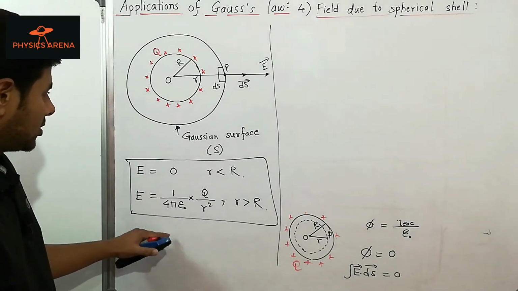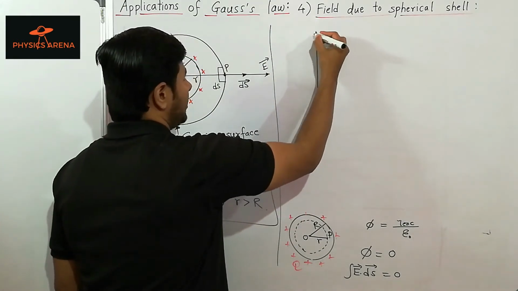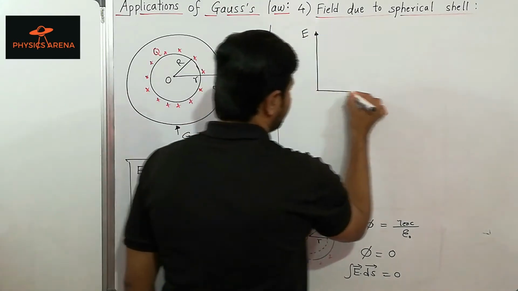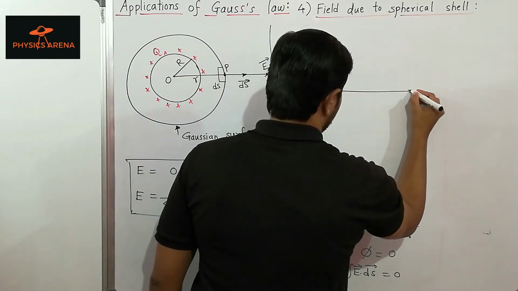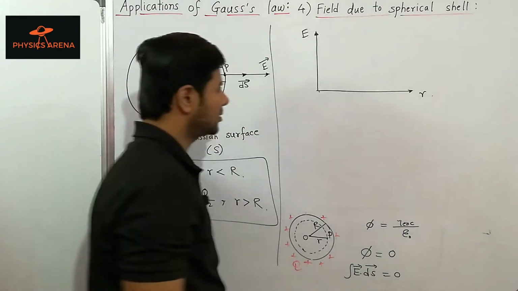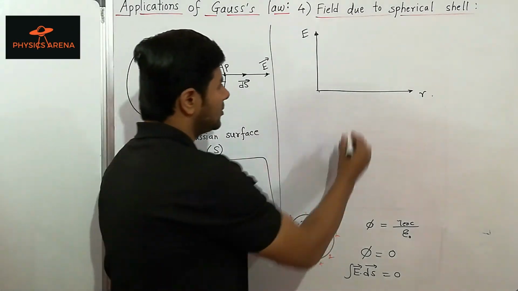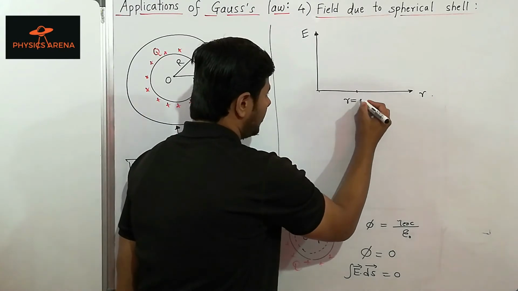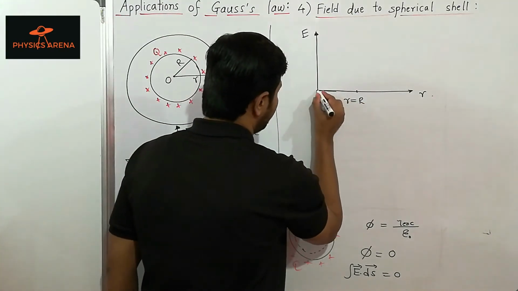Now let us draw a plot between electric field and r, and the graph will look like this. Till r equal to capital R, the electric field is just 0.